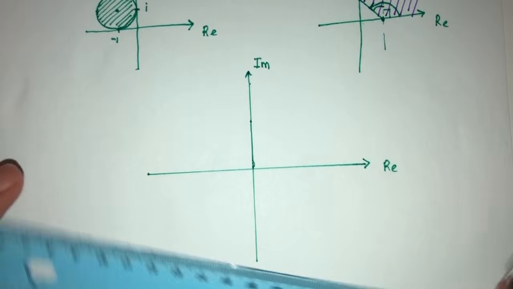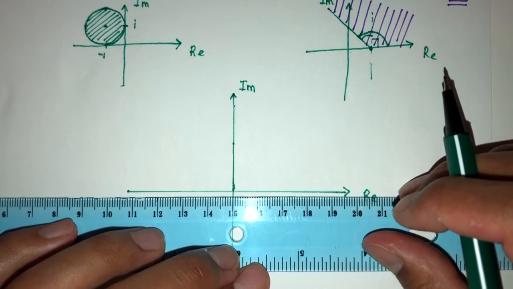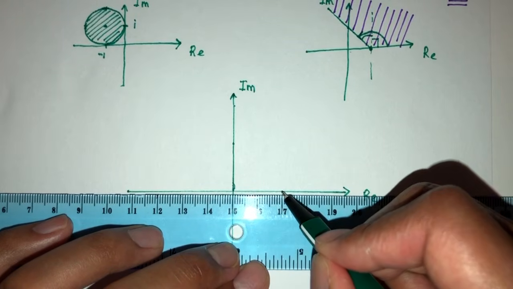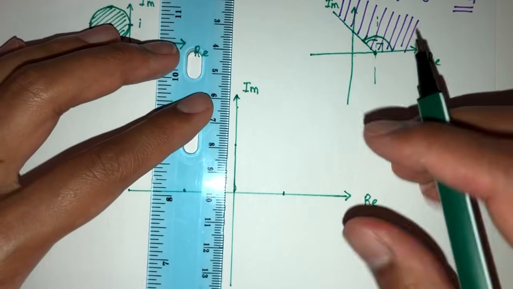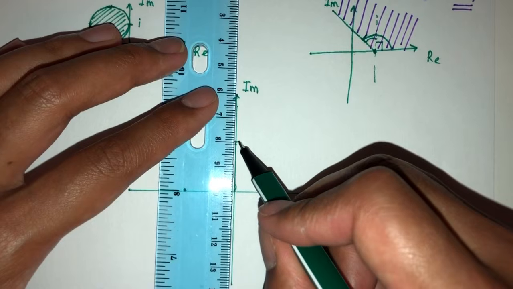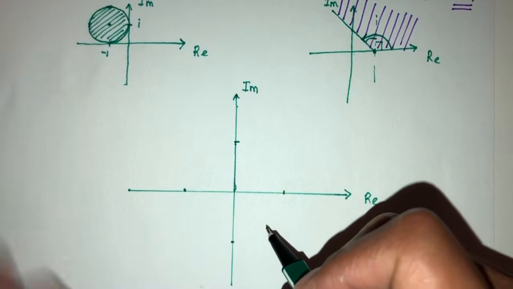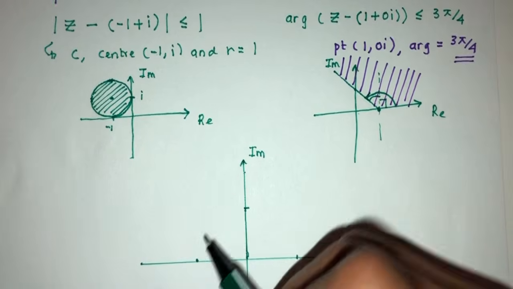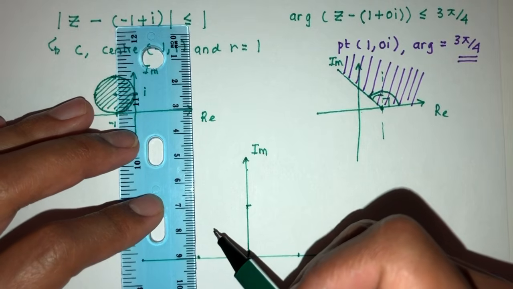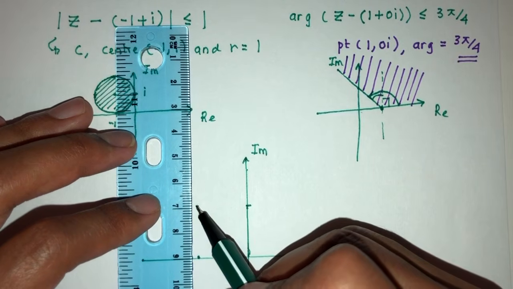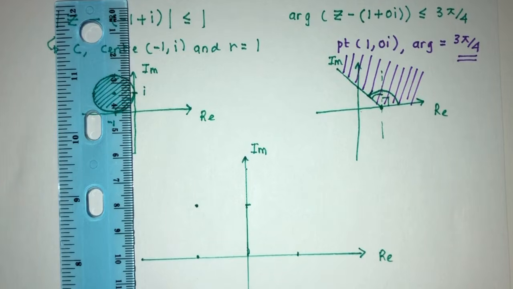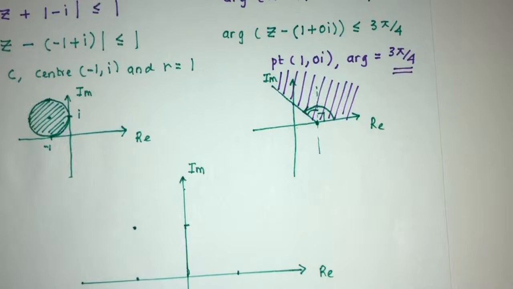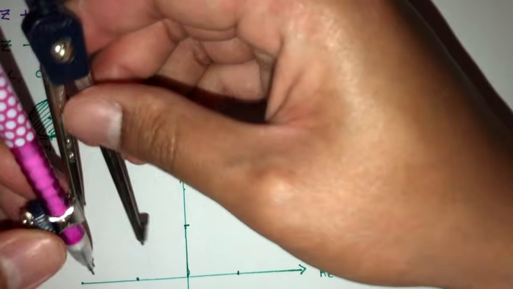Now, let me try to find a few points. So this is my, let's call this 1, minus 1. And here we have i and minus i. The first point is minus 1i, that should be somewhere over here. And of course, we have to try our best to draw this circle. Let me first measure the radius of 1.